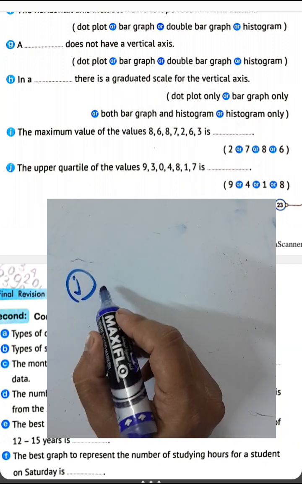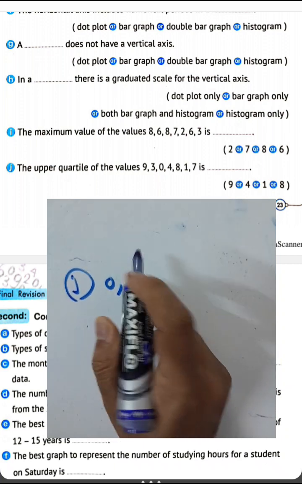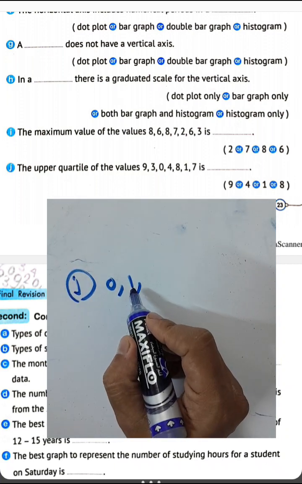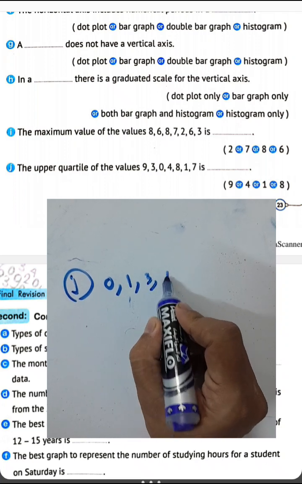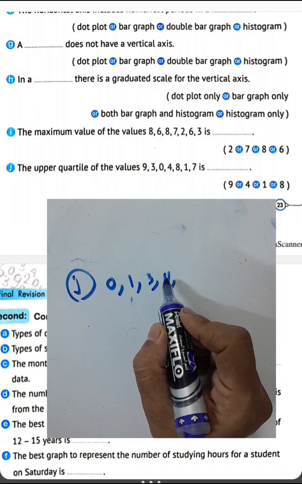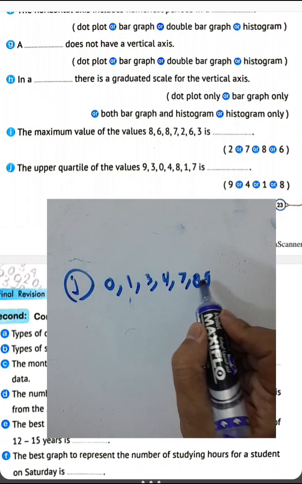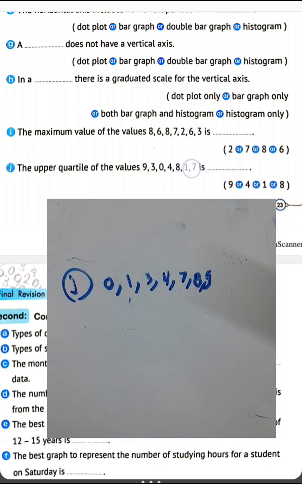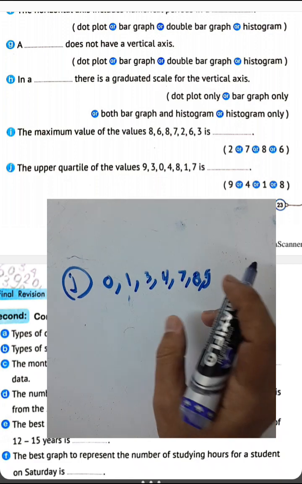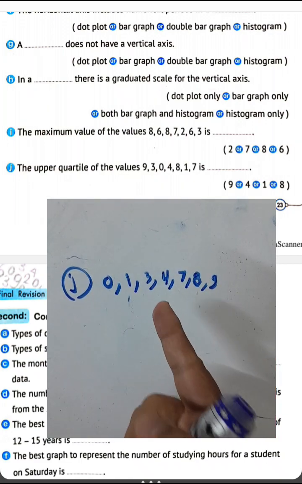Letter J, arrange with me: 0, 0, 1, 1, 3, 3, 4, 7, 8, and 9. Count with me: 1, 2, 3, 4, 5, 6, 7. So we have an odd number of values here. Seven is odd, so one digit lies in the middle.